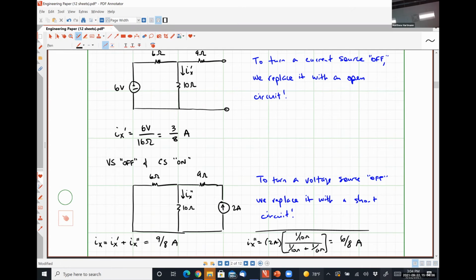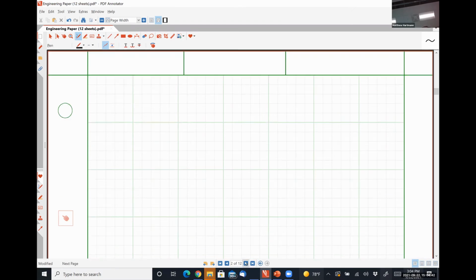Okay. So now let's talk about the homogeneity principle. I'm going to make a little table in the right-hand side here, okay? So I'm going to put input on one side and output on the other side, all right?